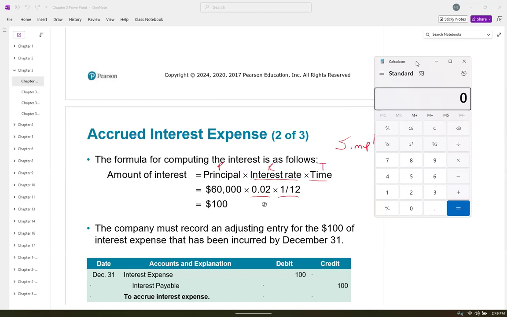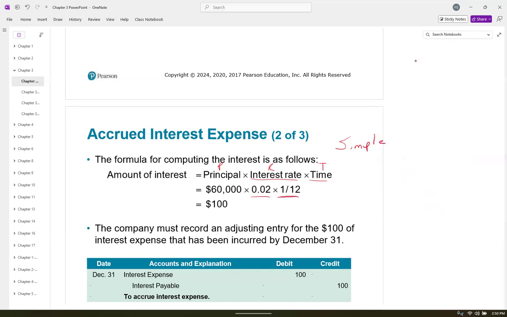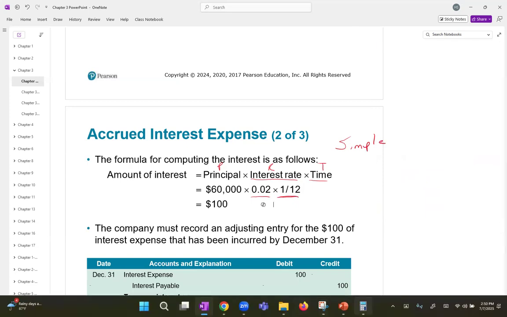I'll take the 60,000 multiplied times 0.02. That's $1,200, the interest for the whole year. We only need 1 month though, so we're going to multiply that times the fraction of 1/12. I realize that that is very simple; we're just going to divide it by 12.